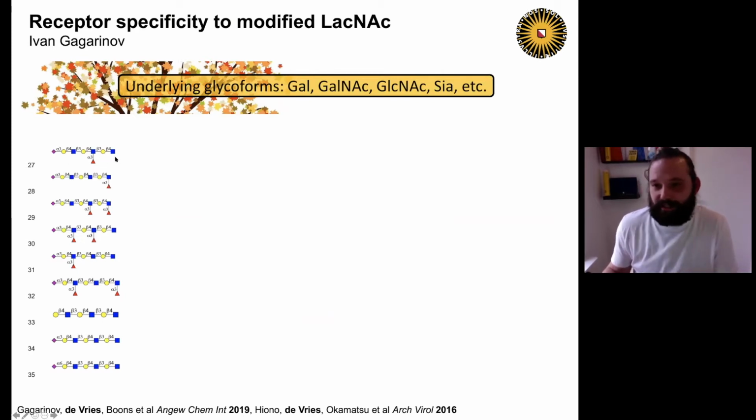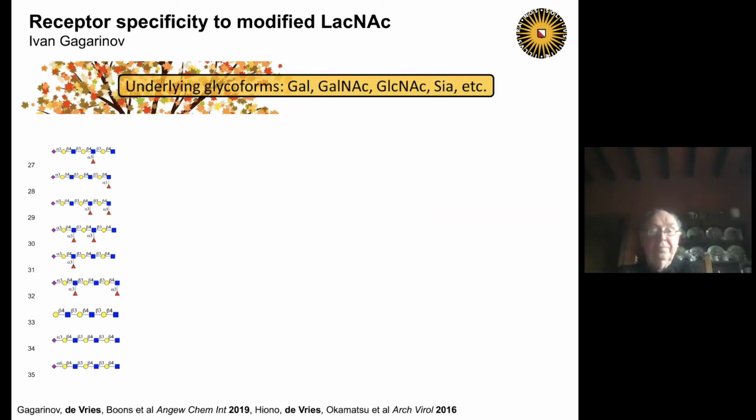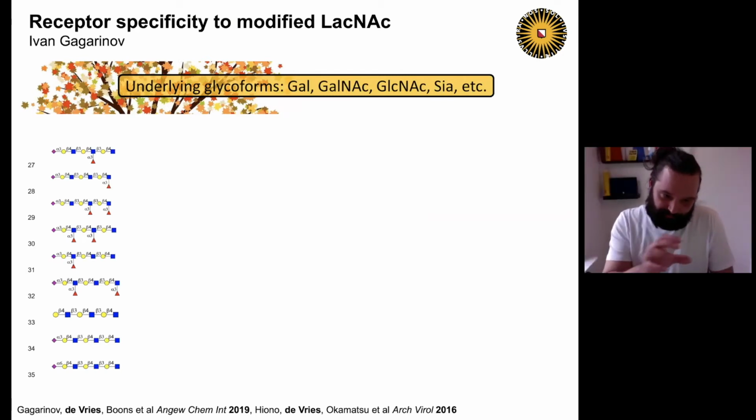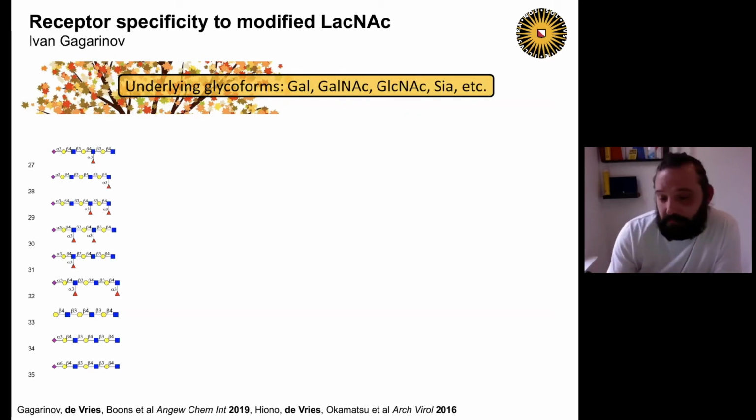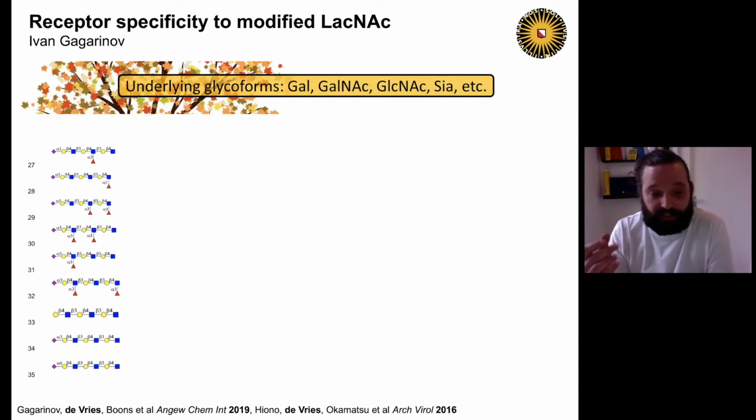But while we were synthesizing this, we actually added protecting groups on the N-acetylglucosamines to avoid putting fucose structures everywhere. And we were able to make all these different fucosylated LacNAc structures to assess if this would get different specificities of avian HAs.